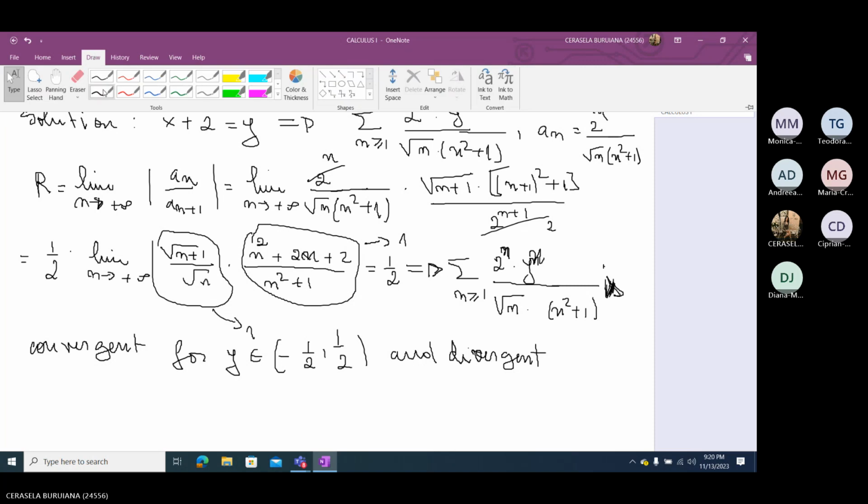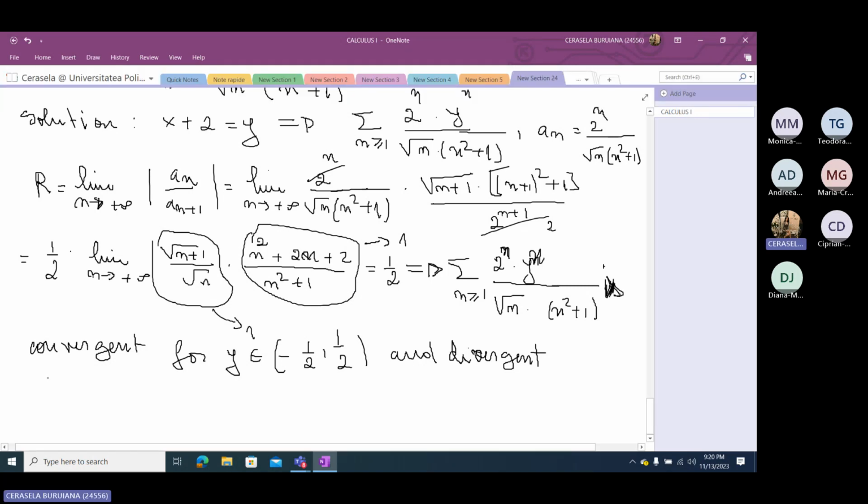And divergent, I said, for y in the interval minus infinity, minus 1/2, reunion 1/2, plus infinity. Now, to finish this exercise, what do I have to do? To see what happens at the extrema.